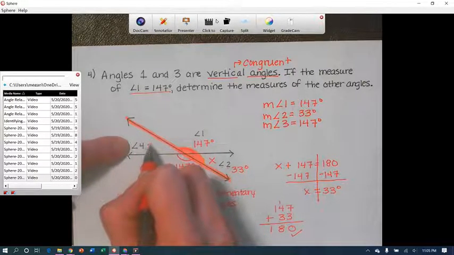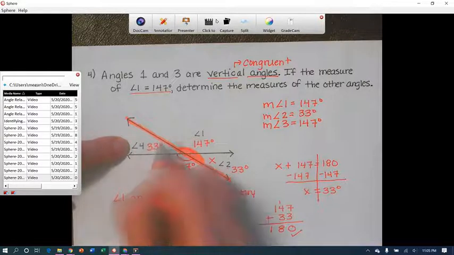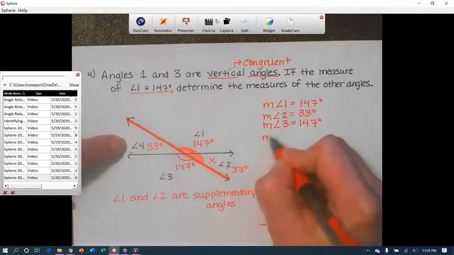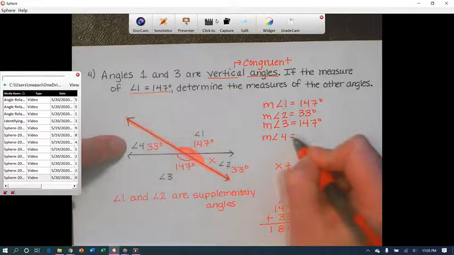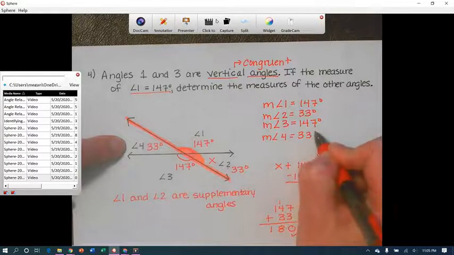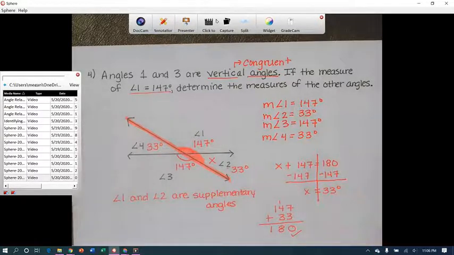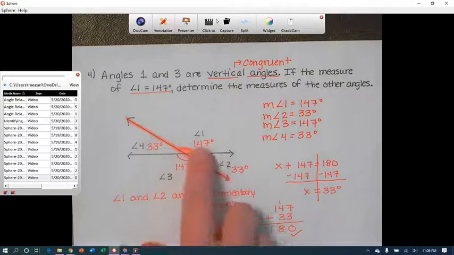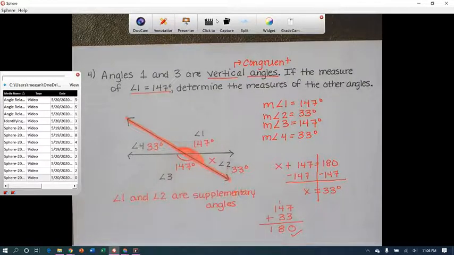This is 33 degrees as well. And so we have figured out the missing angle measures for all the angles in this diagram after we've been given the angle measure of just one angle. We used vertical angles and supplementary angle relationships in order to figure these out.